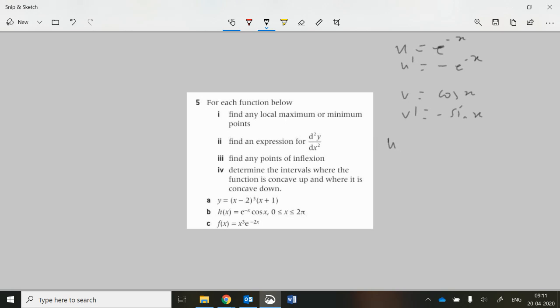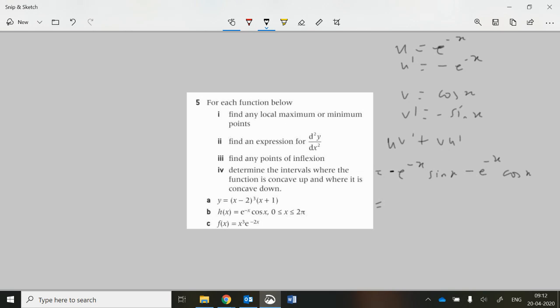So we're then saying u v dash plus v u dash is equal to e to the minus x times v dash, which is minus sine x, just put the minus outside the front, plus v, which is equal to cos x, and then u dash is equal to minus e to the minus x.